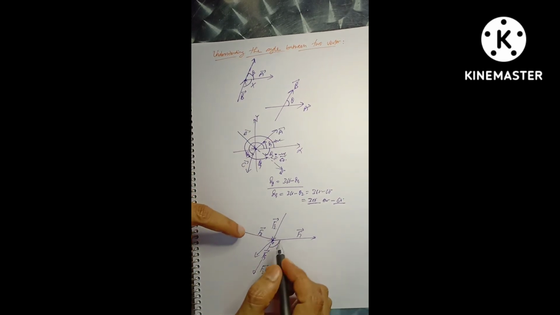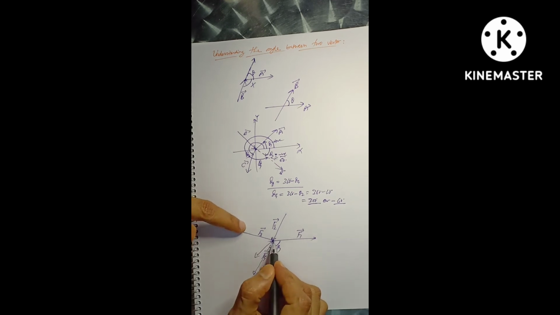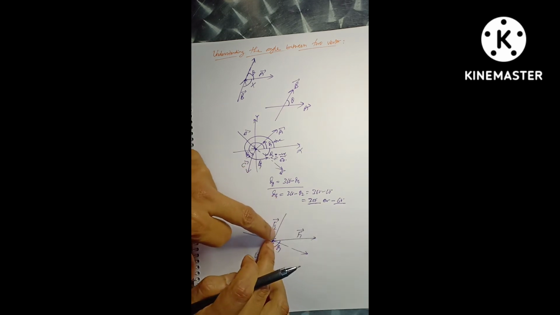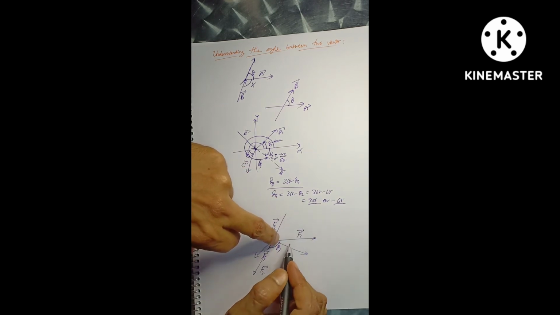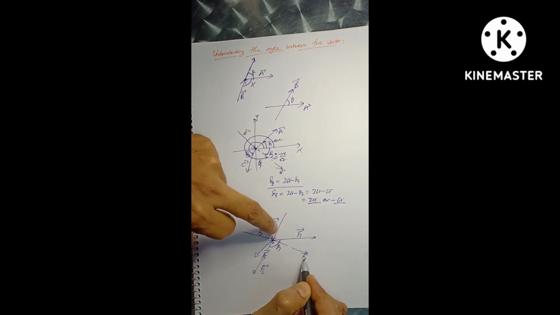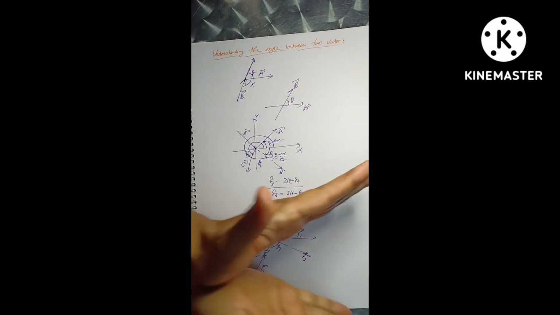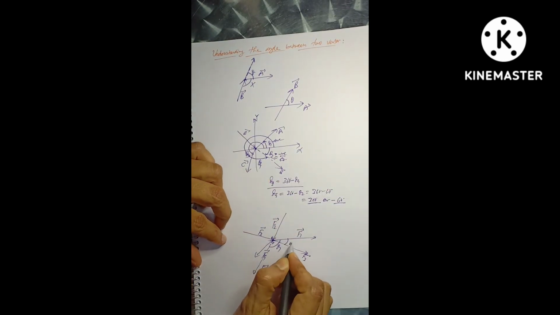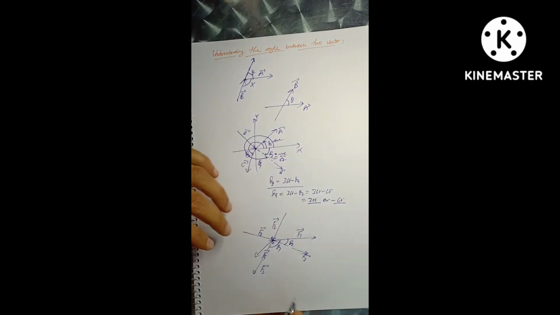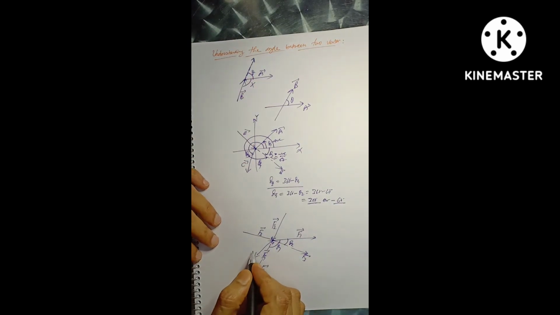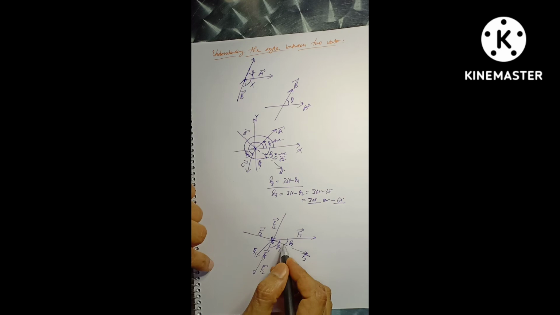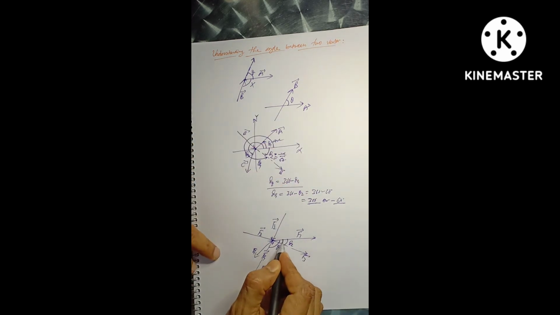Similarly, F3 will be extended along this path so that their tails will be connected at a point. In this case, the angle between F1 and F3 will be theta 2. In a similar way, this is F4, and the angle between F1 and F4 will be theta 3.